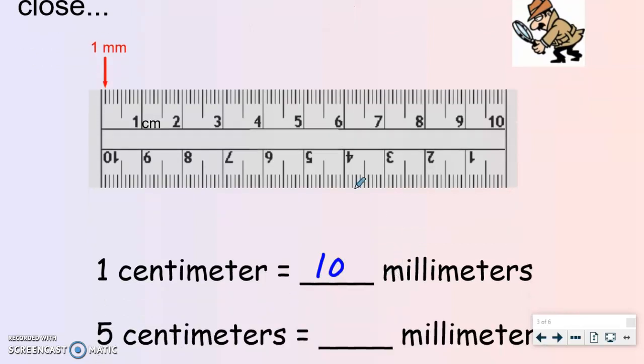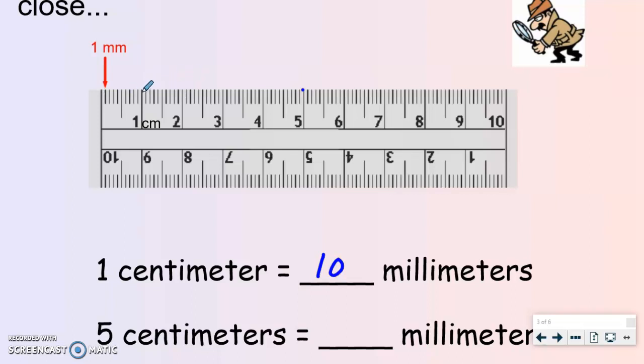And then if we were to use this same ruler, and I have 5 centimeters, so these are the centimeters down here, 1, 2, 3, 4, 5. If I was right here, how many millimeters would that be? Well, you could count each individual little line here. If you wanted to, you could skip count.